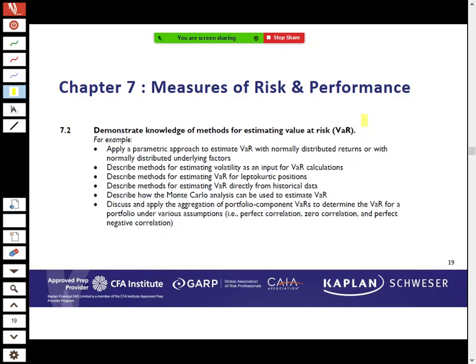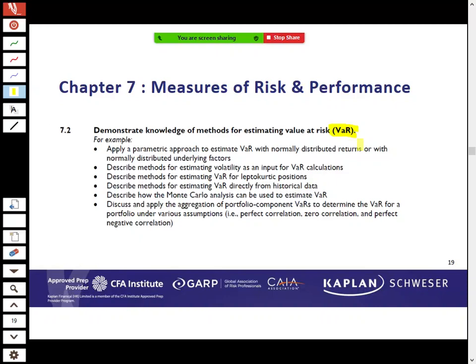When we talk about the topics, first of all we need to know what the expectation is in the curriculum. For risk measures, there are a lot of different measures, and one of those is called VaR, value at risk. It is a measure. What do we need to know about value at risk?